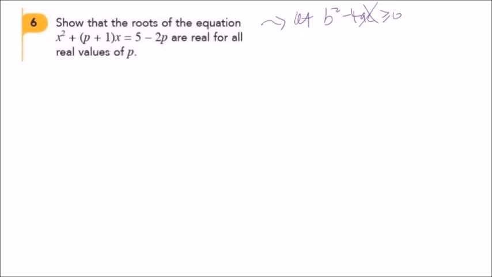We just write down the value of a first, which is the coefficient of x squared, that's 1. B, which is the coefficient of x, here it's p plus 1. Oh, wait. We need to form a quadratic equation first. That means I need to bring all the terms to the left-hand side first.